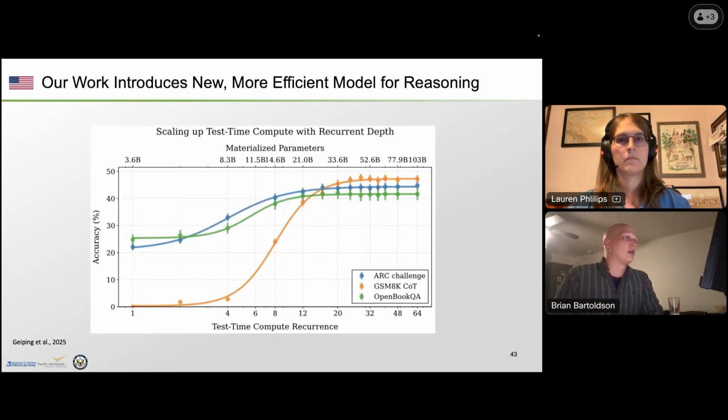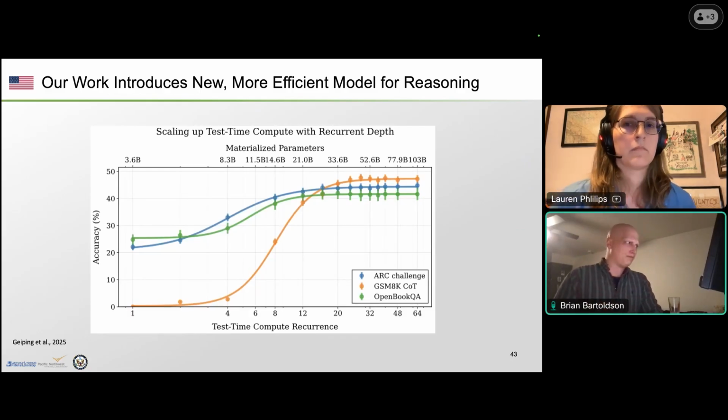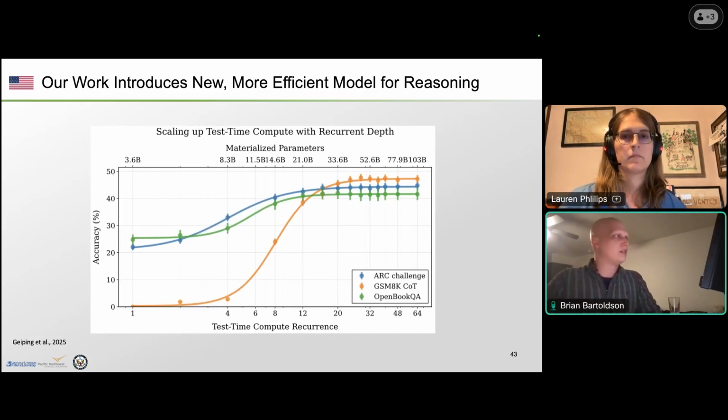One of the works that we're doing involves doing reasoning inside the latent space. This is recent work that we've done with collaborators at University of Maryland and University of Tübingen. Basically, instead of outputting many tokens in a reasoning chain, we loop through the model's hidden layers multiple times in a recurrent fashion in order to do some of that reasoning and reduce the computational burden that comes when you have huge context windows full of a reasoning trace.